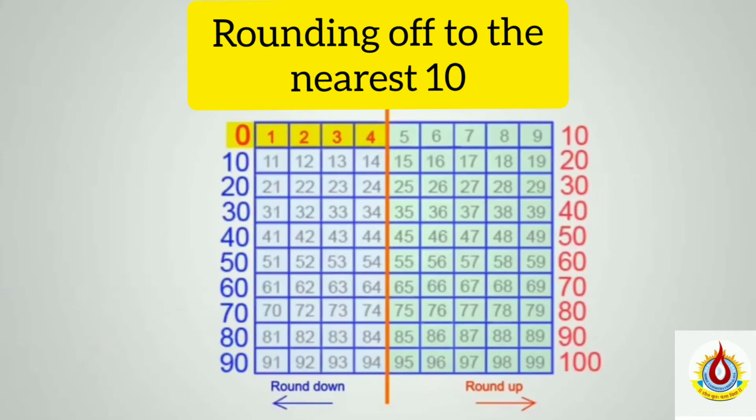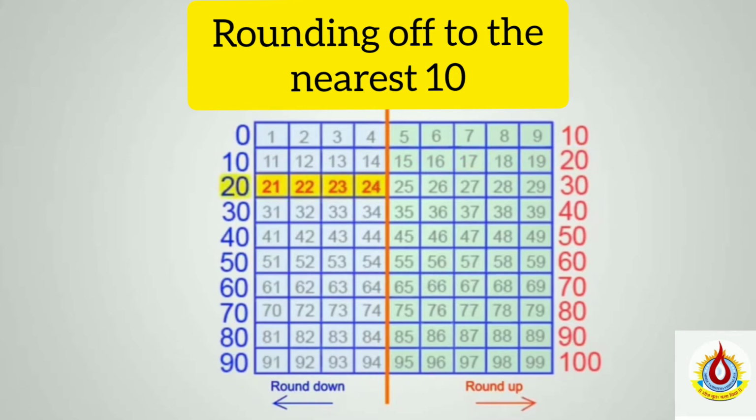Look at the table. Numbers 0, 1, 2, 3, 4, we round down. 5, 6, 7, 8, 9, we round up. 11, 12, 13, 14, we round down to 10. And 15, 16, 17, 18, 19, we round up to 20. Numbers 21, 22, 23, 24, we round down to 20.